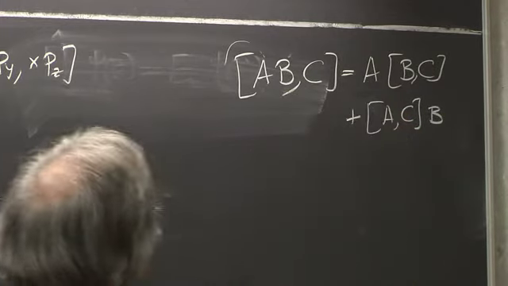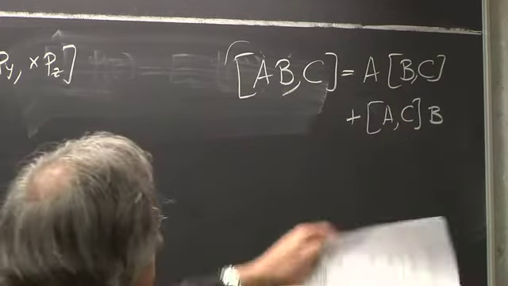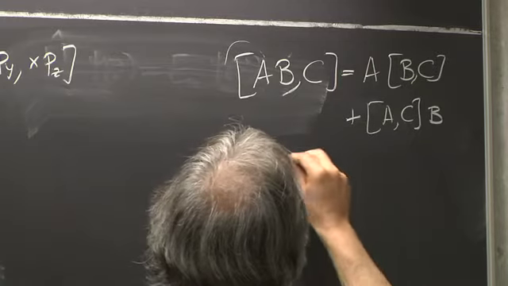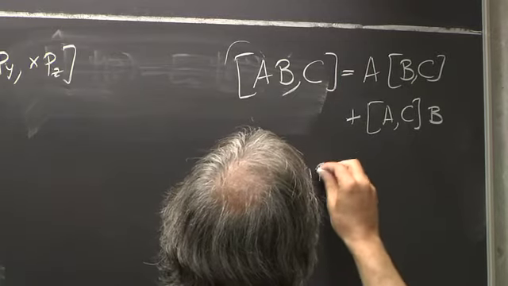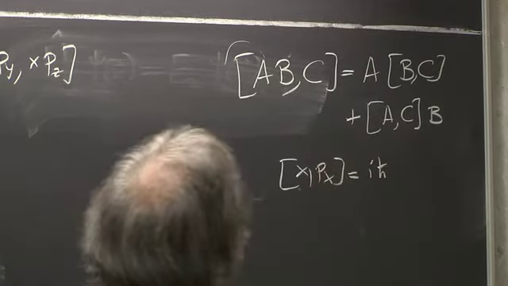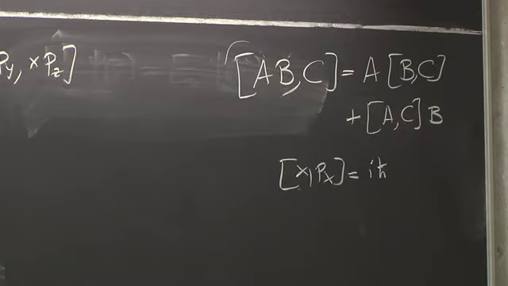Now, this looks like a trick, but you can verify, it's just an identity. If you use this repeatedly, you could end up with, in the end, simply objects like x px or y py or z pz, which are i h bar. Okay, so you have to use repeatedly this trick.